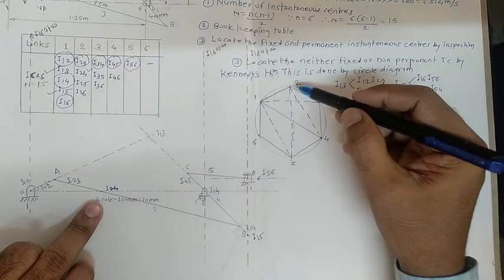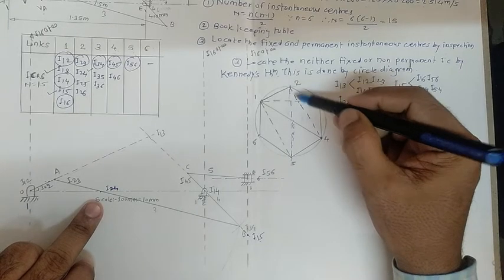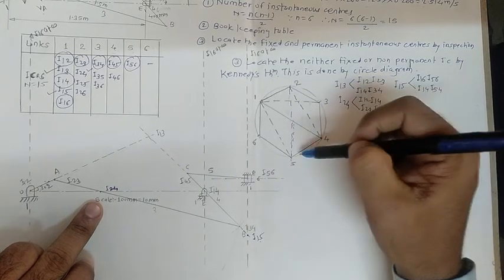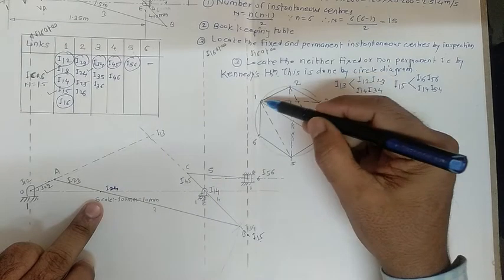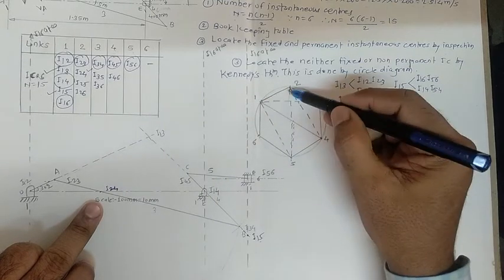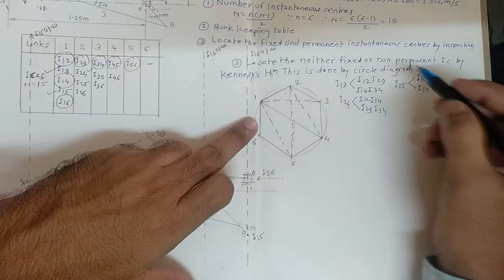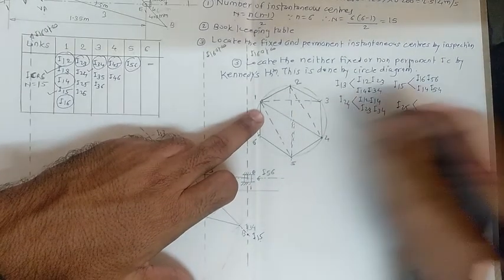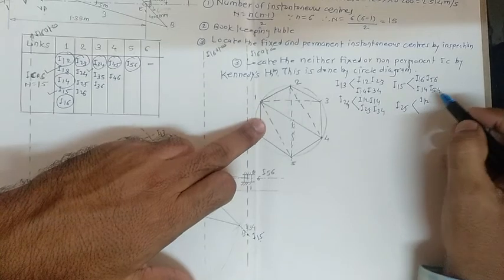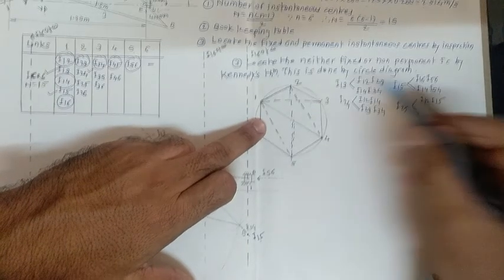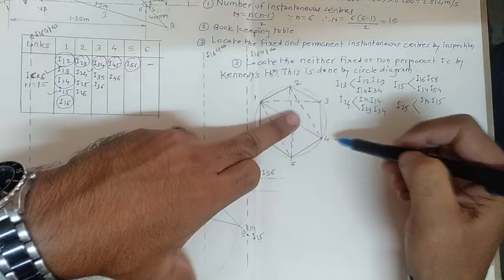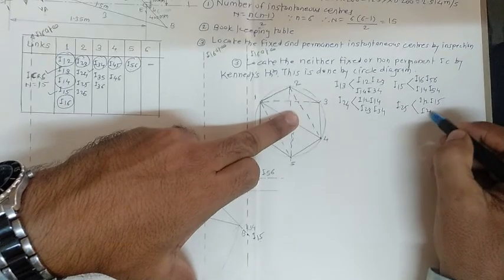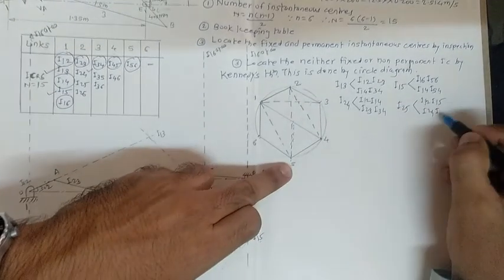So if you just focus on this one, you can get the intersection of these two lines, and from this side these two lines available with us. So 2, 5 is nothing but the intersection of 1, 2 and 1, 5 from this side, and from the other side, here we can get the 2, 4 and 4, 5 like this one.